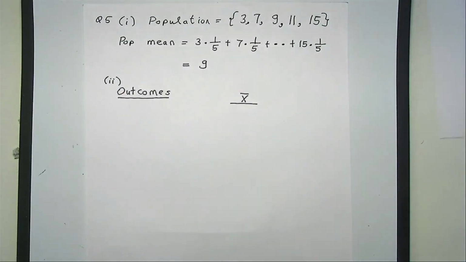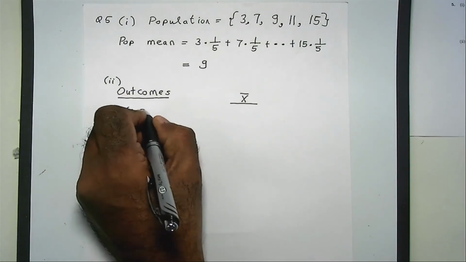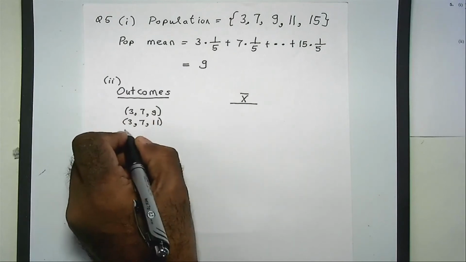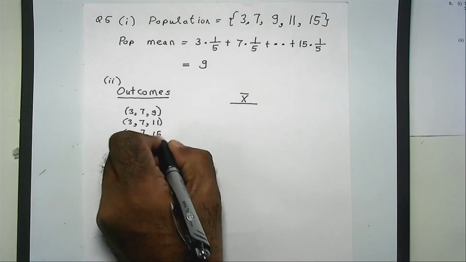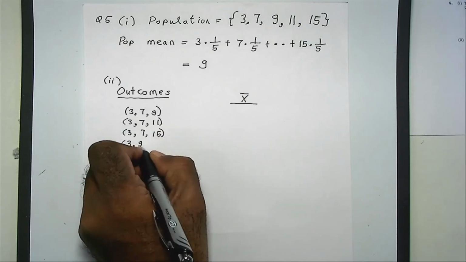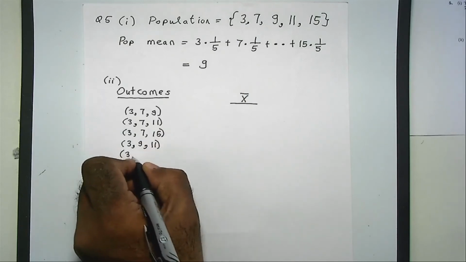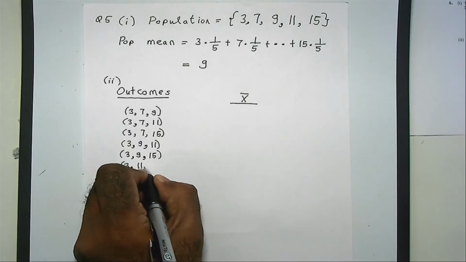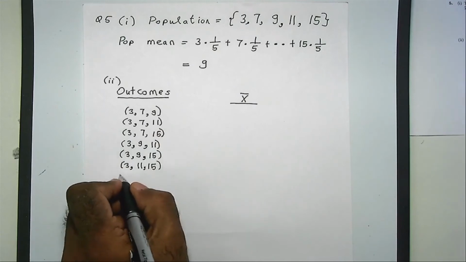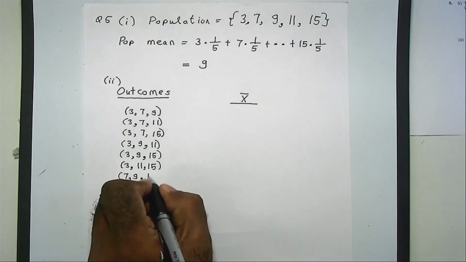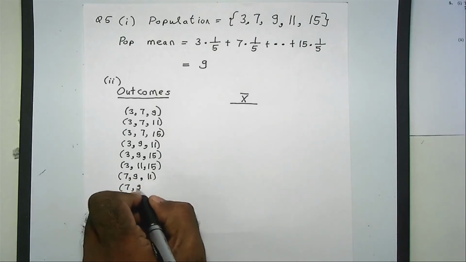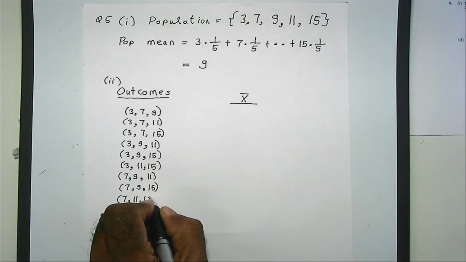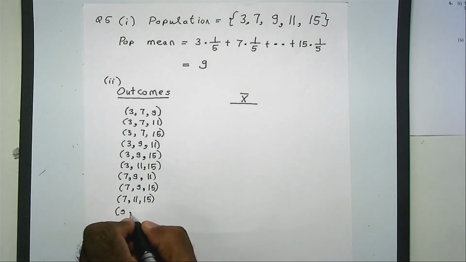Okay, so the outcomes are as follows: 3, 7, 9. Alright, so these are the possible outcomes.